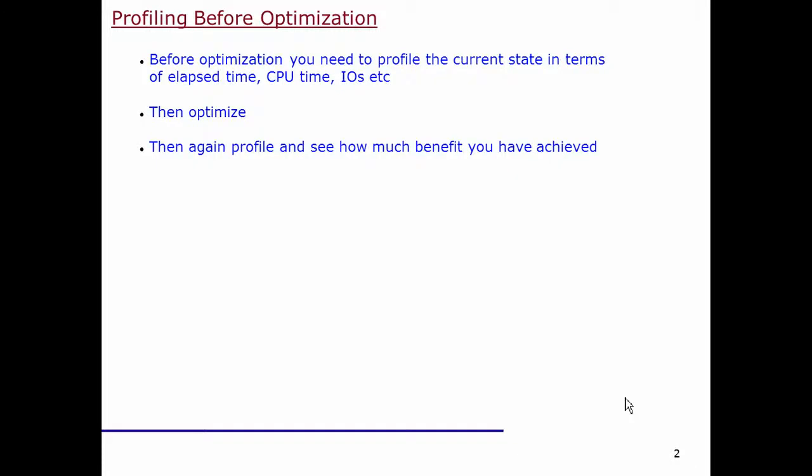Once you know where you stand and you know where you have to go, then you start going about optimizing by finding out where are your bottlenecks and how do you go about budgeting the time available to you, because there is no end to where you can optimize given that it is humans who are writing code. You need to then look at how do you prioritize your bottlenecks, how do you look at the ones that occur most frequently.